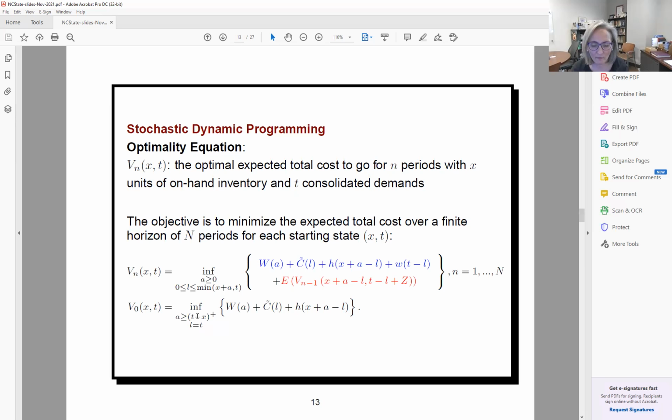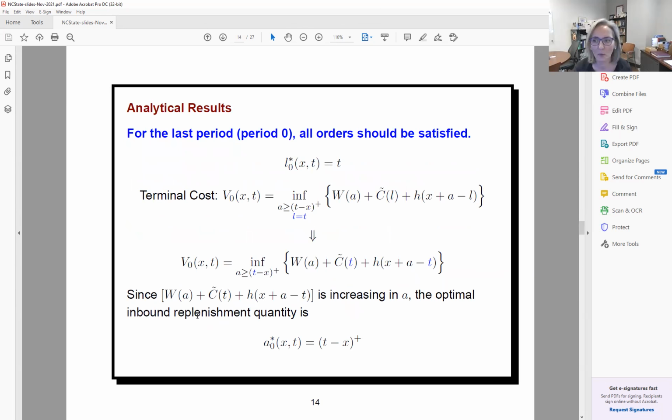This is an innocent looking, but a very complicated cost to go function, as I'm going to illustrate shortly.